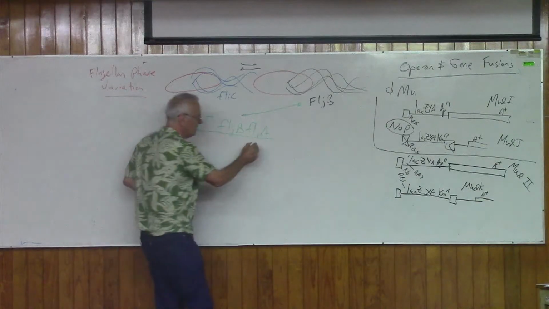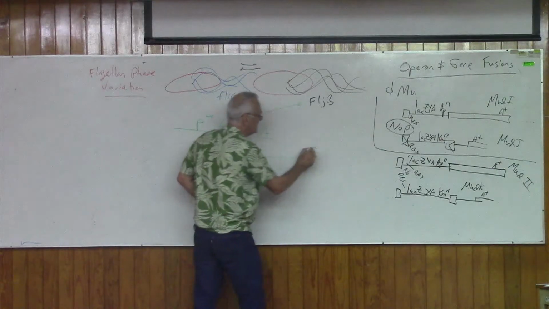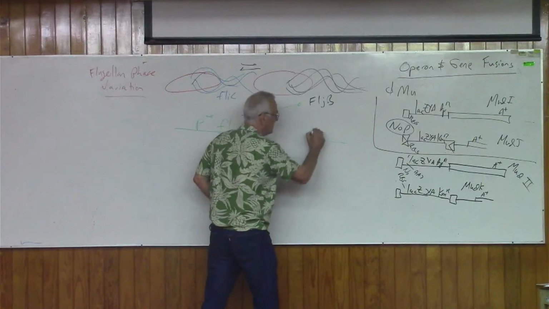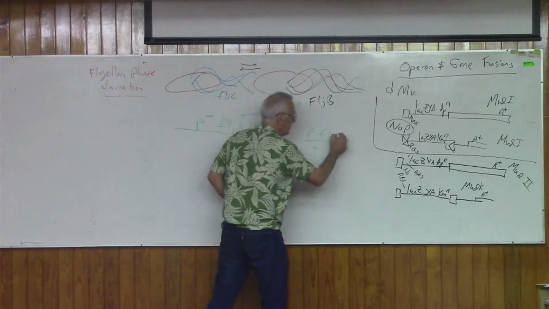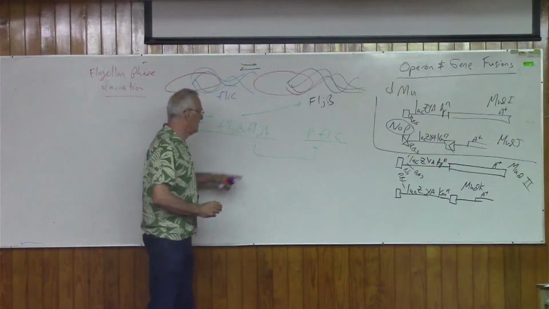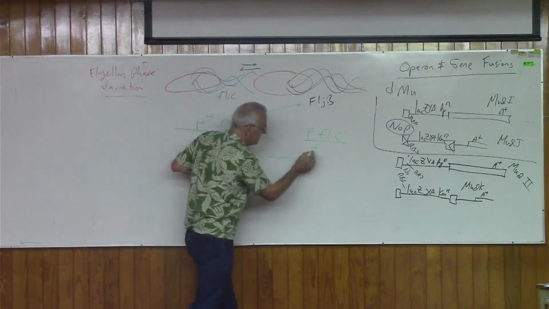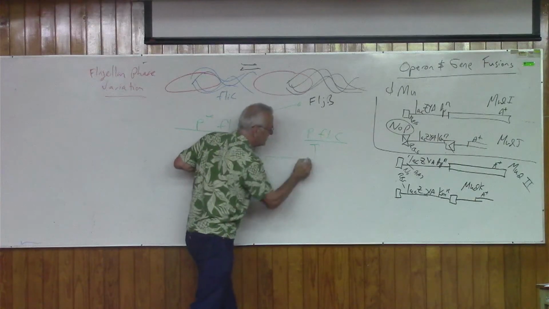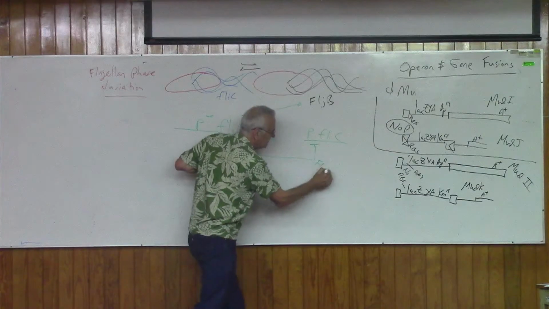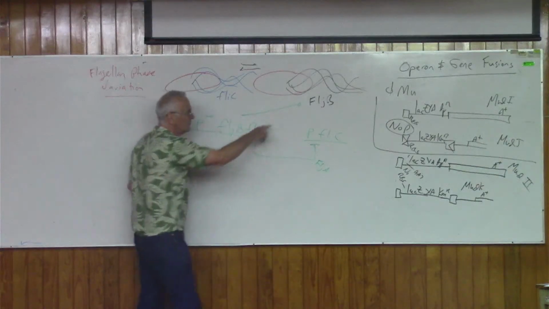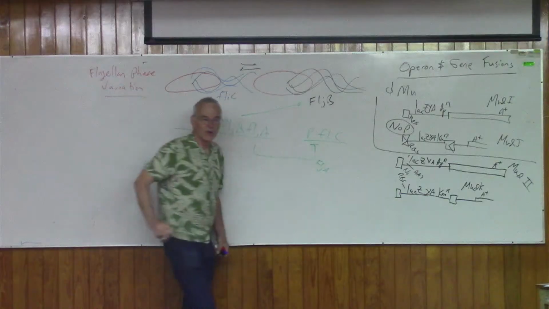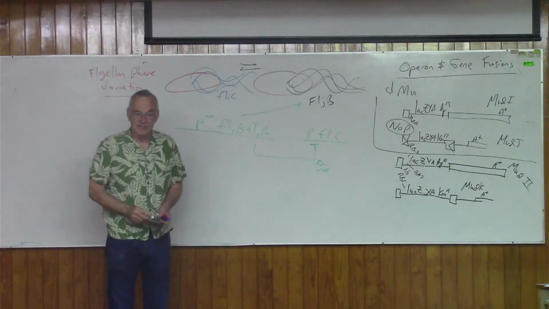A is an inhibitor of the other one. And so we've got an inhibitor, so that when you express this operon, only the FljB flagellum is made, right?